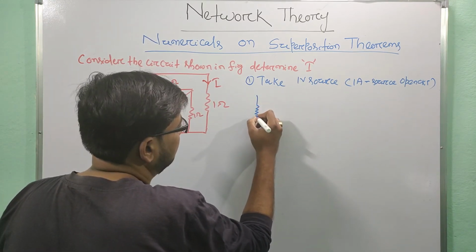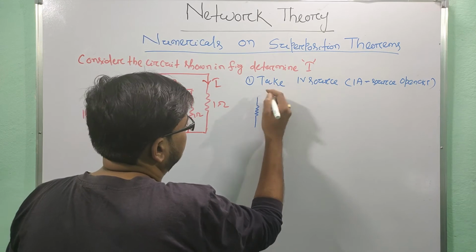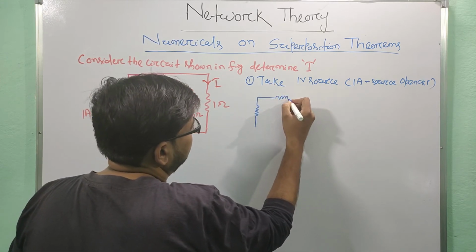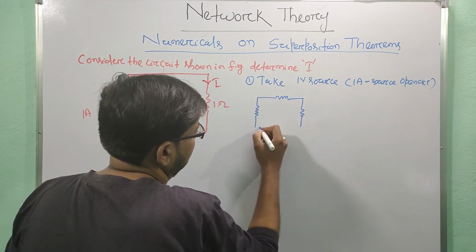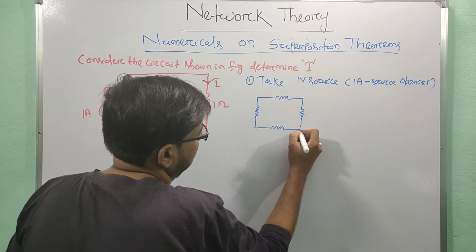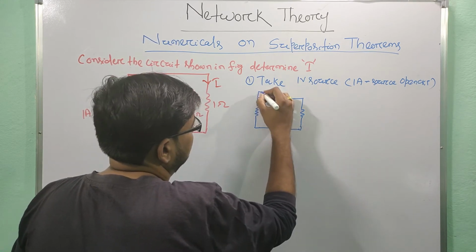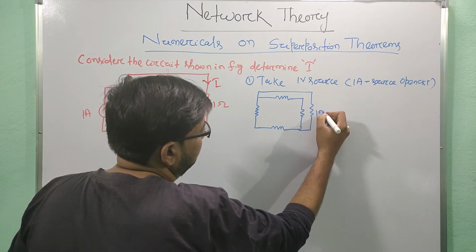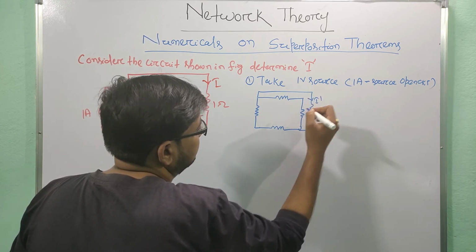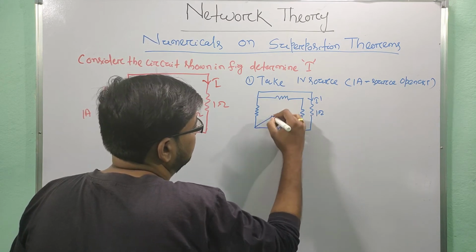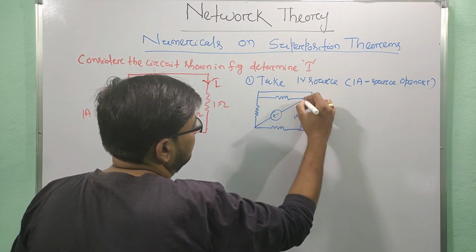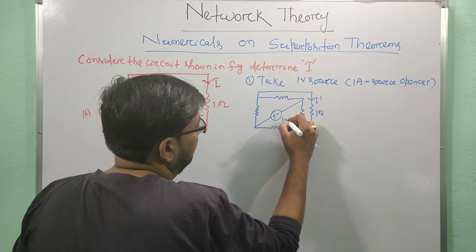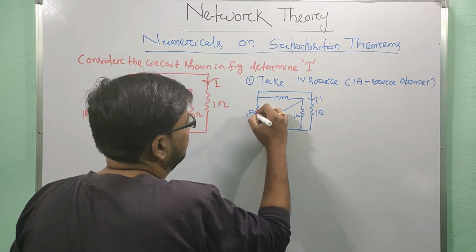दिस वाज माय सर्किट, दैट इज one ohm, this is my I dash, 1 ohm, and this is my 1 volt, 1 ohm, 1 ohm, 1 ohm.